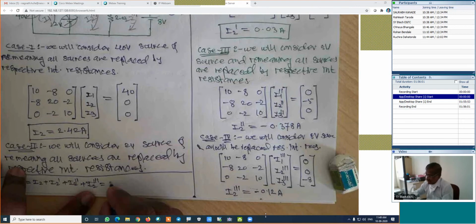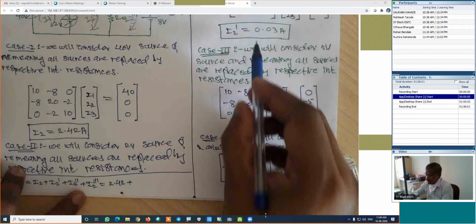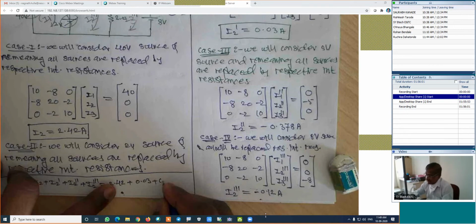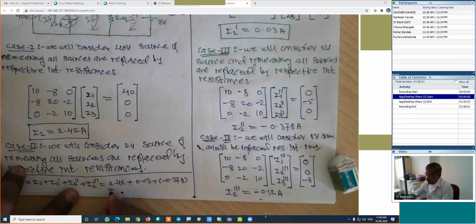I2 is this 2.4, plus how much is the value of I2 dash? 0.03, plus how much is this value? Minus 0.378, and finally this value is minus 0.12.